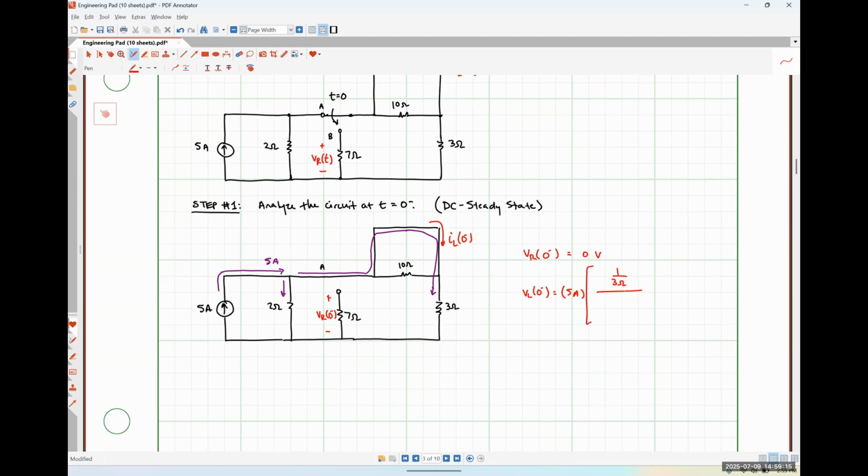Actually, it'll be 2 amps, sorry. 1 over 3 ohms divided by 1 over 2 ohms plus 1 over 3 ohms. And I'm going to throw that in my calculator just to make sure my mental math is working correctly. Yep, 2 amps.